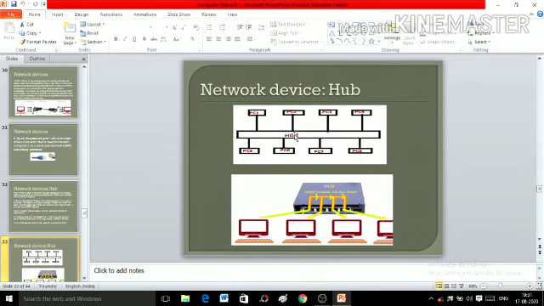Now what this hub will do, it will transmit the message received from PC1 to all other PCs which are attached to it except PC1, because PC1 is the sender of the message. So in this way hub broadcasts the message received from the sender.